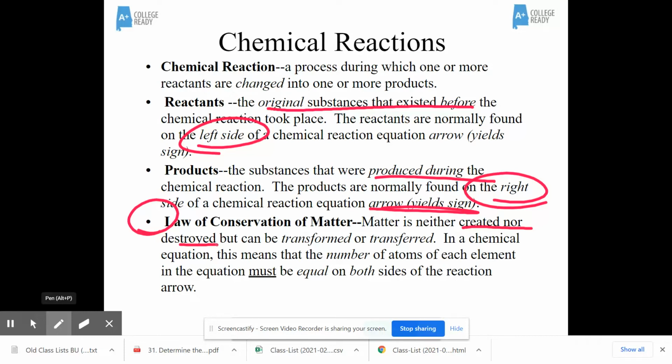Matter is only transformed, changed from one form to another. We can't create it, we can't destroy it. So whatever atoms we have to start with, we have to end up with those same atoms. They might be rearranged, they might be in a different place, but they're still there. They can't just disappear, and they can't just appear on the other side out of nowhere. That's the law of conservation of mass.